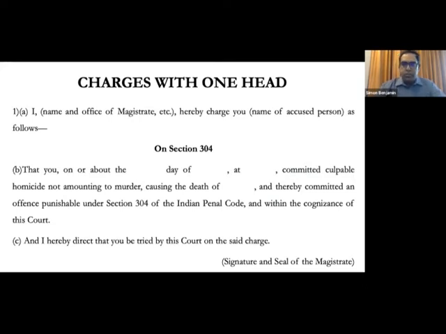So you can see this is from Schedule 2 of the CrPC. It's something that the students are required to be familiar with, because this is also asked in your question paper. When you're approaching this exam, you will find that they will ask you to frame these charges. So you should be familiar with these two forms that I'm sharing.